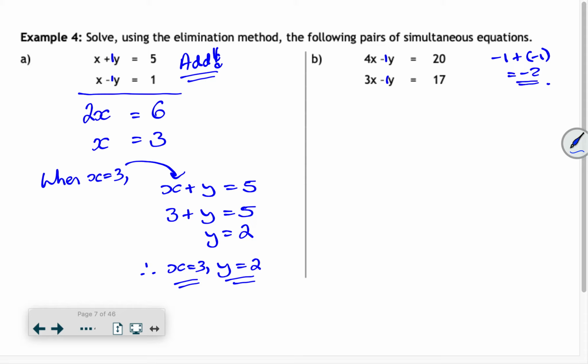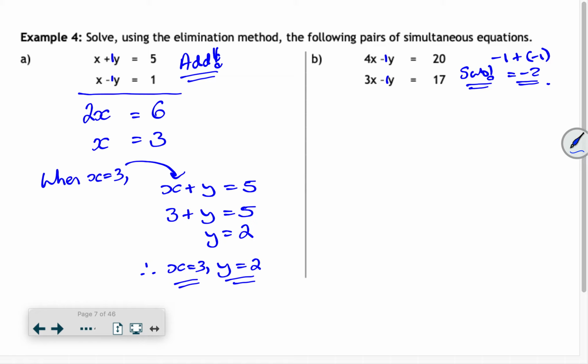So, if I've got the exact same sign of number, i.e. I've got a minus 1 and another minus 1, I don't add them to eliminate, I would have to subtract them to eliminate. So this time I'm going to subtract my simultaneous equations.